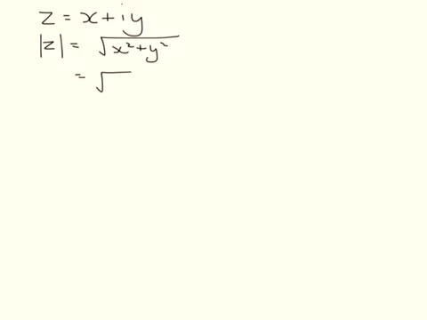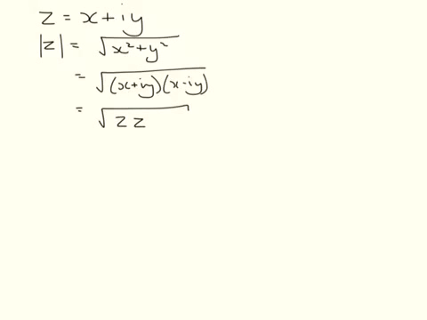So just summarising what we've done so far. If I've got z as a complex number which equals x plus iy, mod z is the square root of x squared plus y squared. But that is also the same as multiplying z by its conjugate, which then is the same as z times z bar.